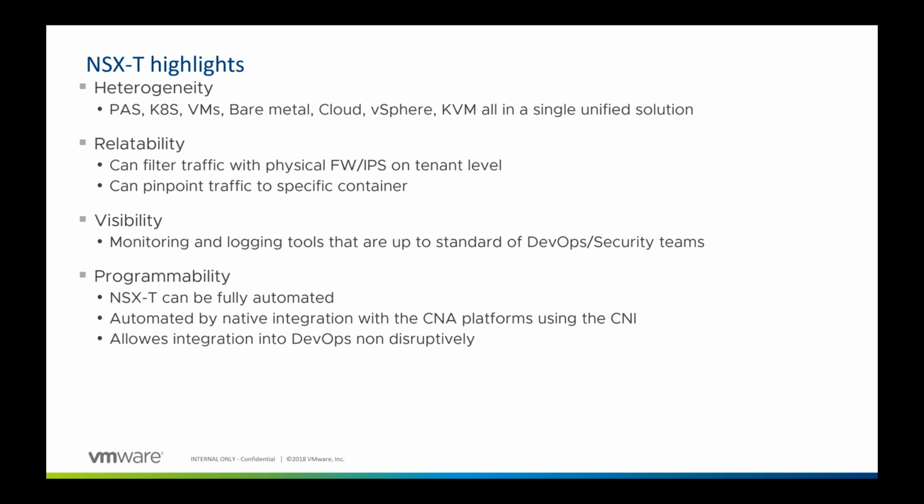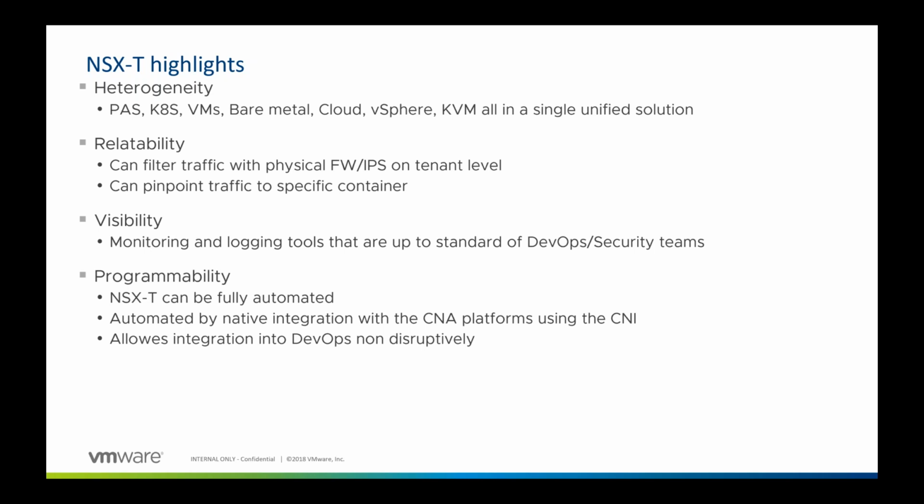NSX-T supports many different types of workloads, whether it's PAS, Kubernetes, PKS from VMware and Pivotal, or do-it-yourself Kubernetes or OpenShift, they're all supported on NSX-T. Also virtual machines, and coming soon, bare metal and cloud, as you guys know, are going to be supported. vSphere, KVM, all of that is supported in a single unified solution.